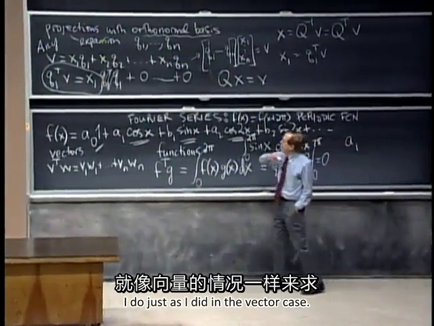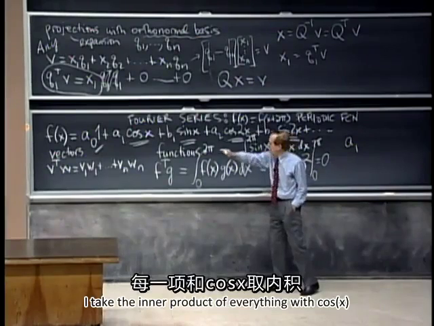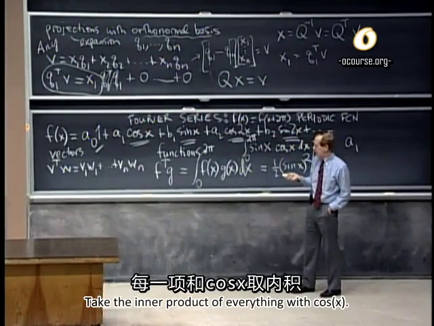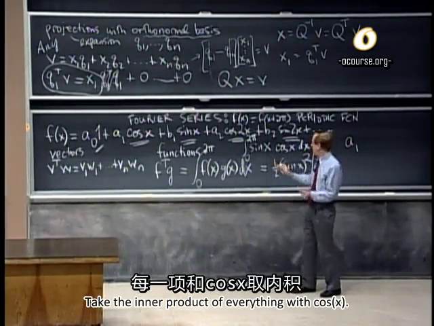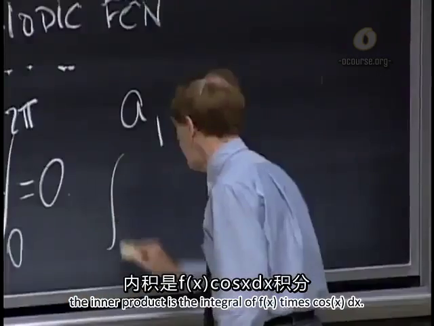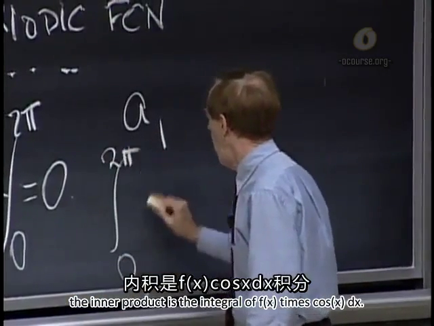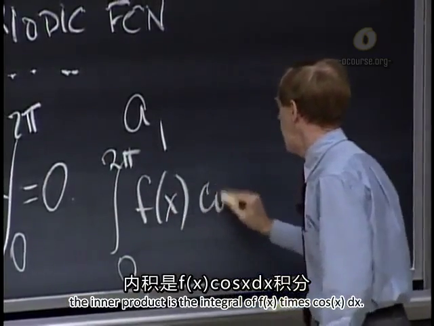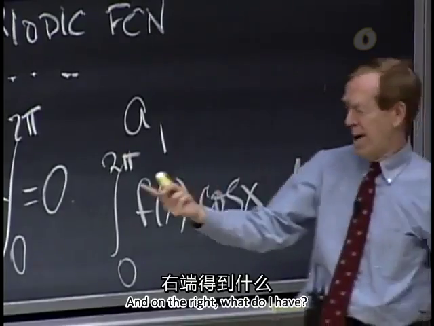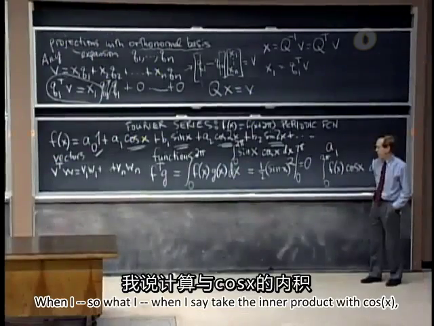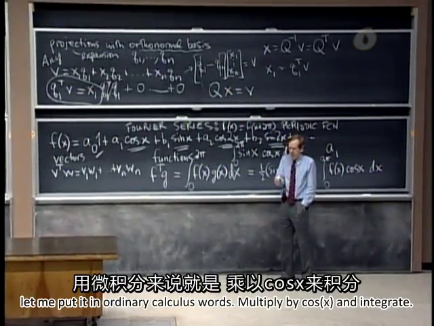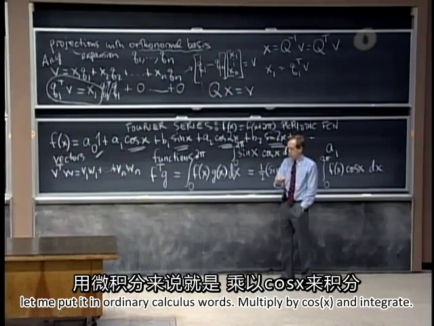OK. I do just as I did in the vector case. I take the inner product of everything with cos x. Then on the left, I have the inner product, the integral of f of x times cos x dx. And on the right, what do I have? When I say take the inner product with cos x, let me put it in ordinary calculus words.